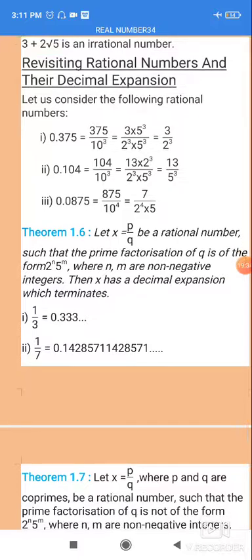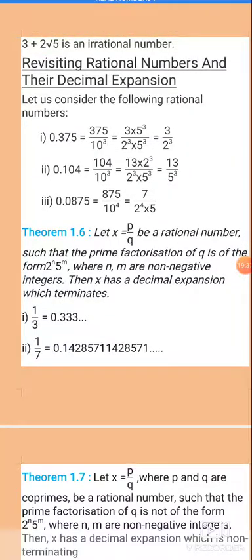The next one: some other examples, 1 by 3. That is 0.333, etc., or we can write 0.3 bar. Same as 1 by 7, 0.142857, 142857, etc. So that number is repeating. So the theorem: let x is equal to p by q, where p and q are coprime, such that the prime factorization of q is not of the form 2 raised to n into 5 raised to m.